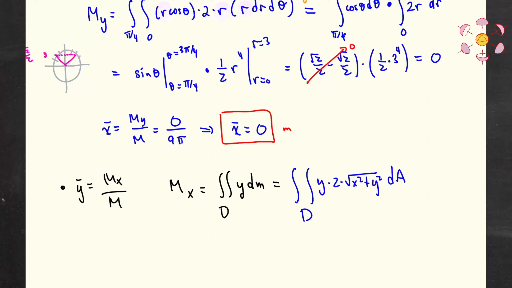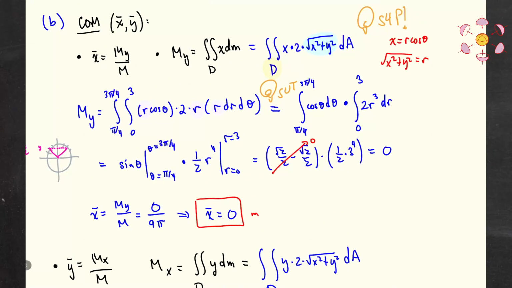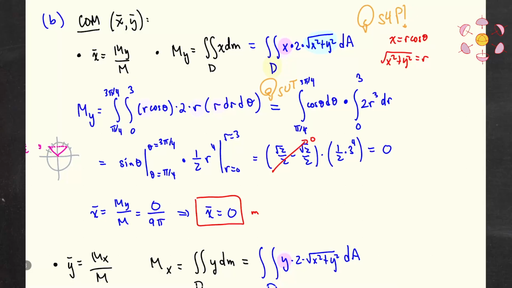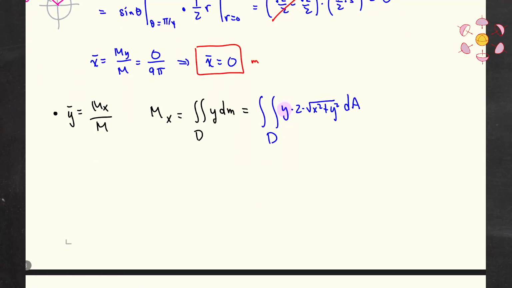And just like last time, our integral is quite similar to the last part, except instead of an x value right here, we've got a y value. But I think the similar process will work, so let's just run through the same steps. This integral is indeed screaming for polar coordinates.